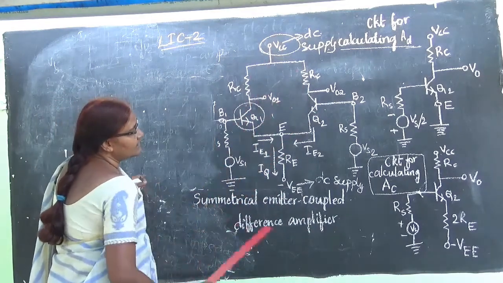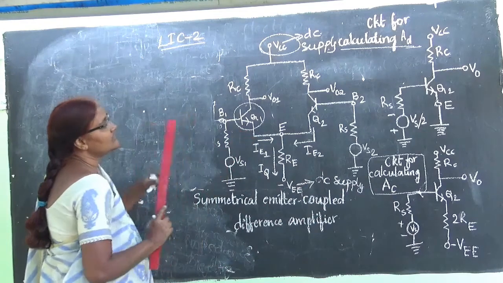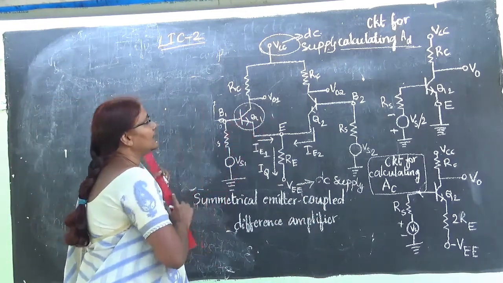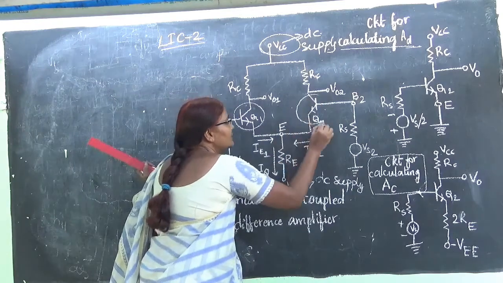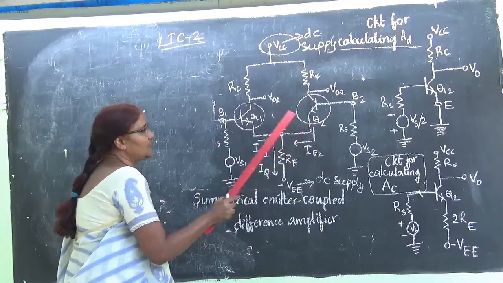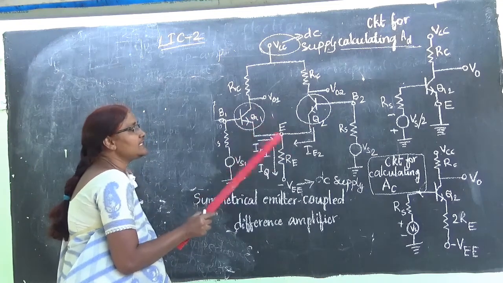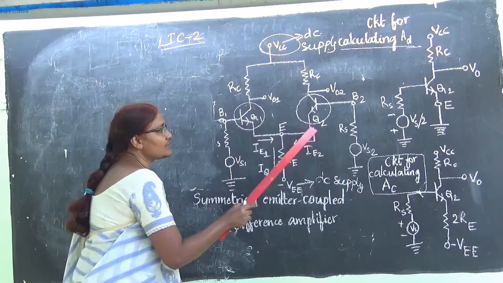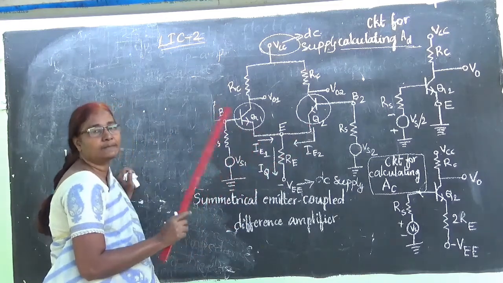And this differential amplifier or difference amplifier circuit diagram is this. And what we can observe from this circuit diagram is that there is a transistor Q1 and another transistor Q2. The first requisite for this circuit is that these two transistors must be identical.